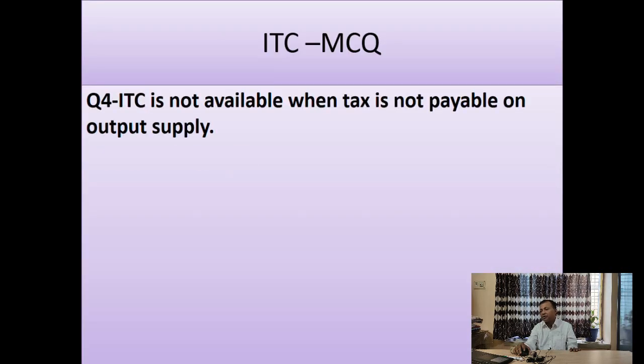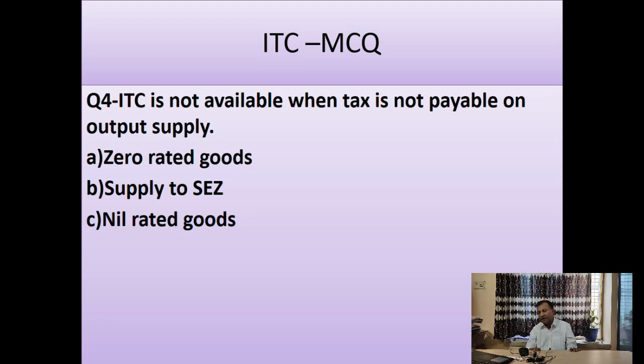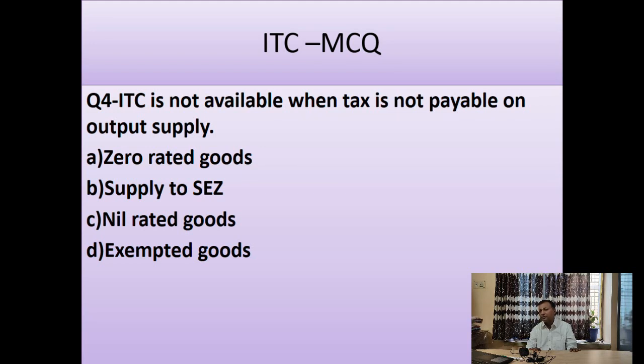ITC is not available when tax is not payable on output supply. There are 4 alternatives: zero rated goods, supplied to SEZ, nil rated goods, exempted goods.